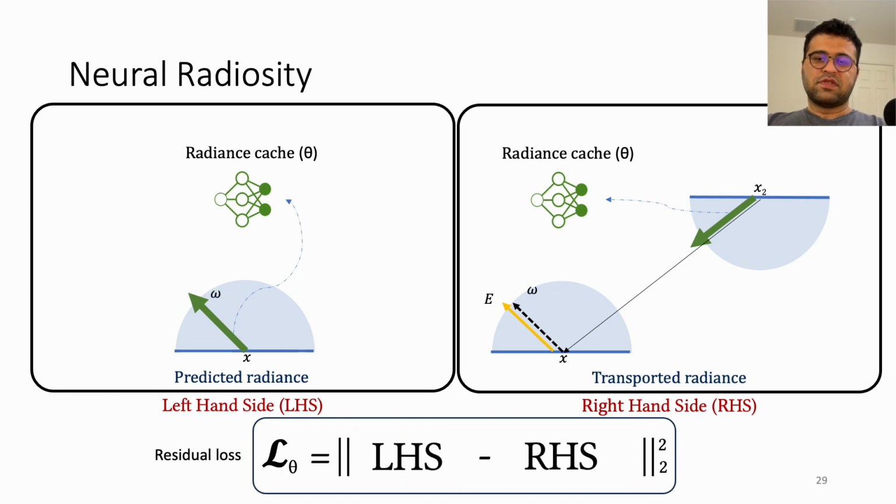To make things even simpler, we substitute the LHS and RHS in the residual loss. LHS and RHS refer to the sides of the rendering equation, and minimizing the residual loss will ensure these two sides are equal.